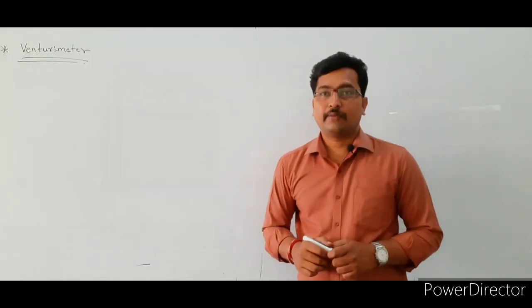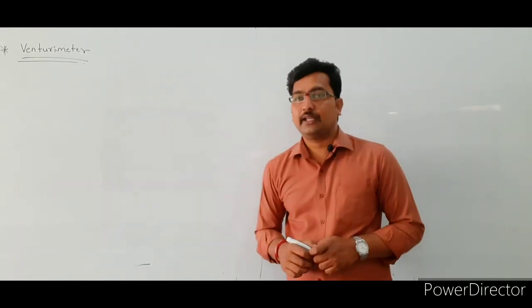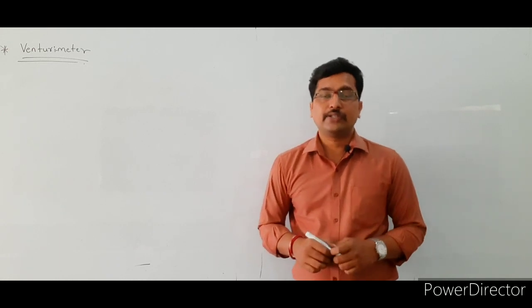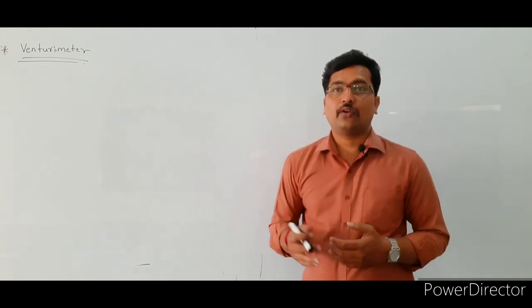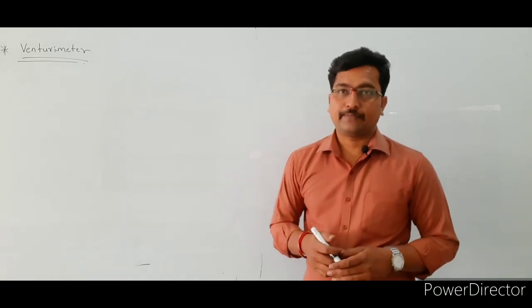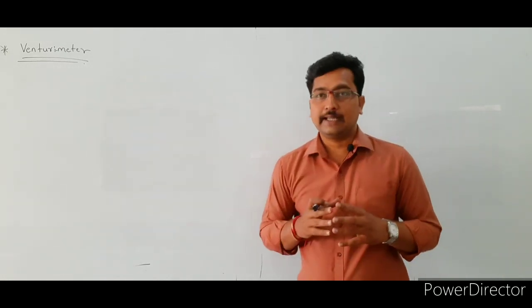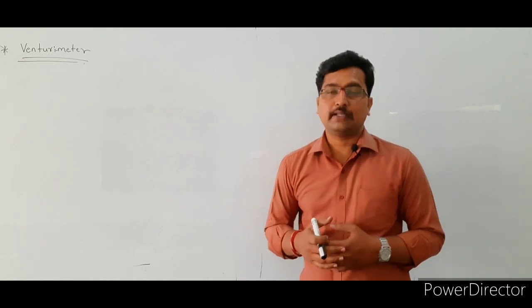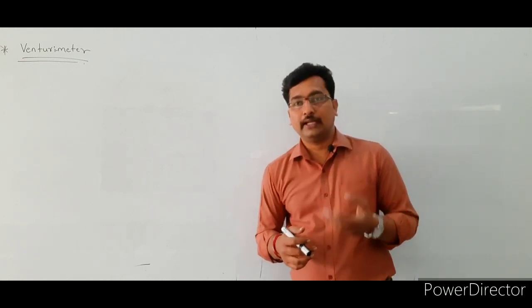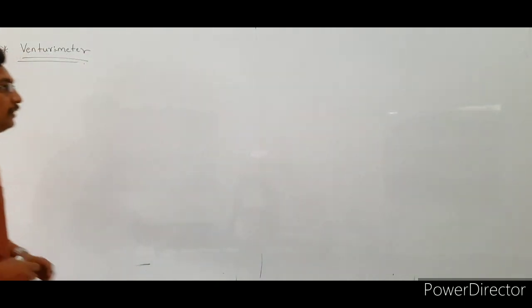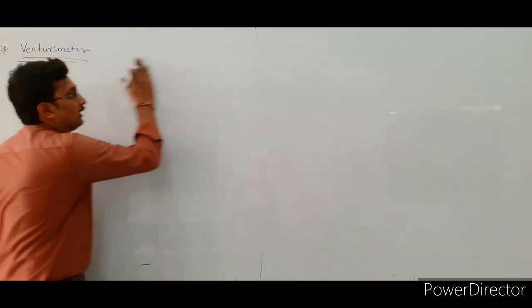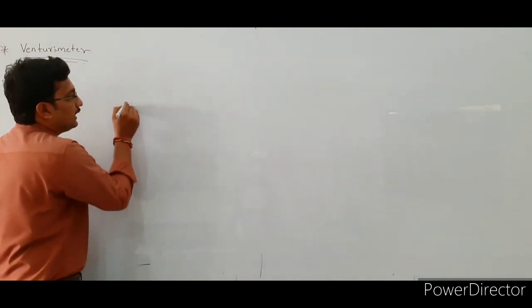The applications of Bernoulli's theorem: the first application is the Venturimeter. The Venturimeter is a device which is used to measure the rate of flow of liquid through a pipe. This Venturimeter consists of two identical pipes.